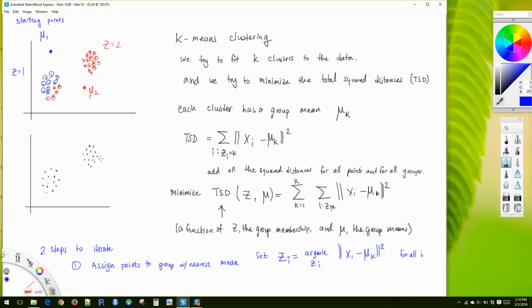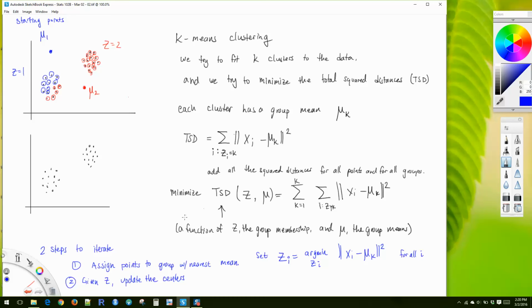And then based on this, step 2 is, given the value z, update the centers so that they're basically in the center of your data. So you're minimizing the total square distance.